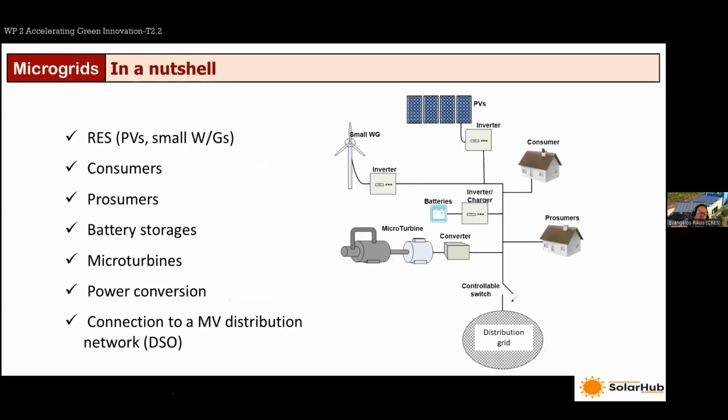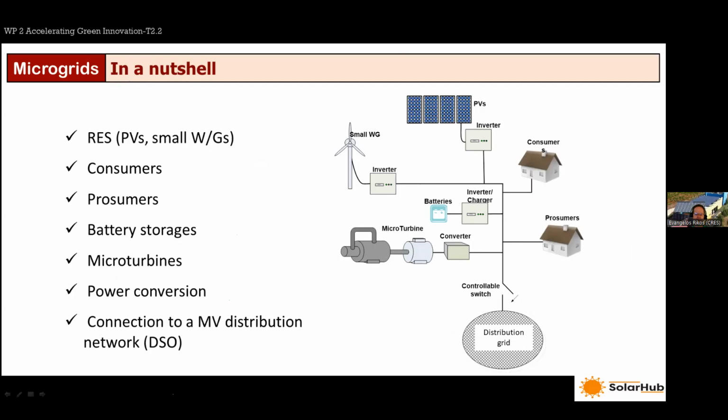Okay, here is a very simplified diagram of what a microgrid is. It consists of those renewable energies I mentioned before, photovoltaics, small wind generators, all of them with their inverters. We have some batteries with inverter or charger units here, some micro turbines, and we have also some end users, some consumers here, or some prosumers.